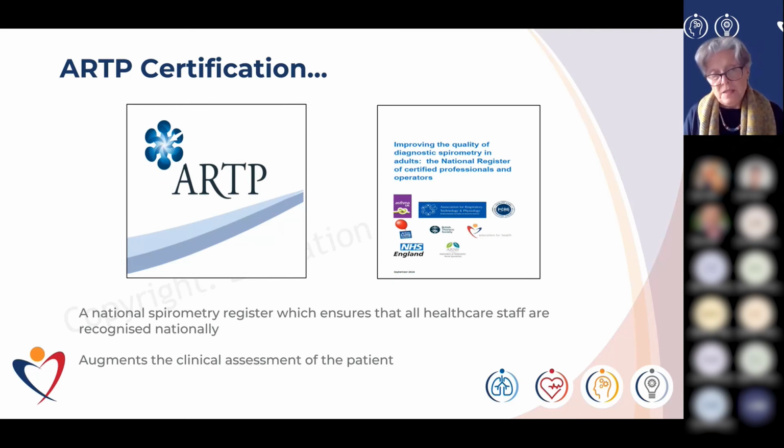The ARTP certification. This is a national spirometry register which ensures that all healthcare staff are recognised nationally. So it has currency. It's recognised across the whole of the United Kingdom, and it augments the clinical assessment of the patient.